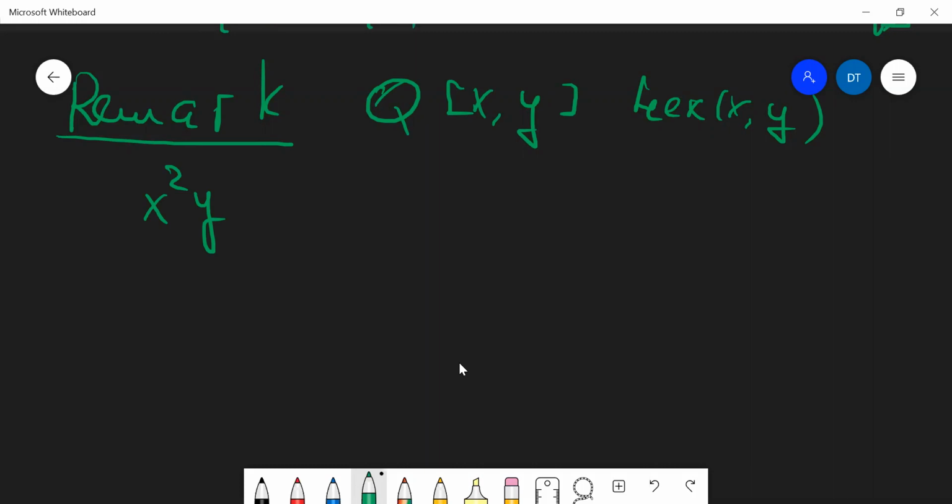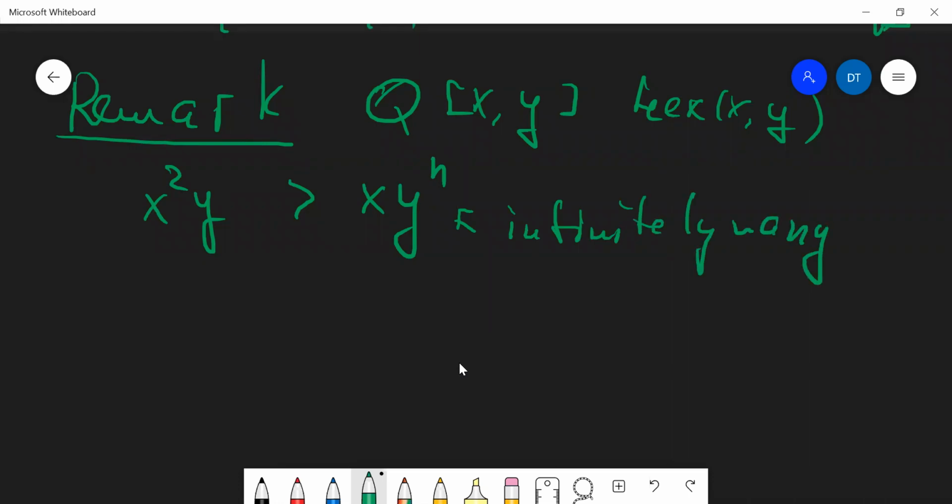Let me show you. For example, any monomial of the form x y to the n is strictly smaller than this guy. And there are infinitely many of these ones. You see, because we compare first by the power of x, and here the power of x is strictly larger than here.